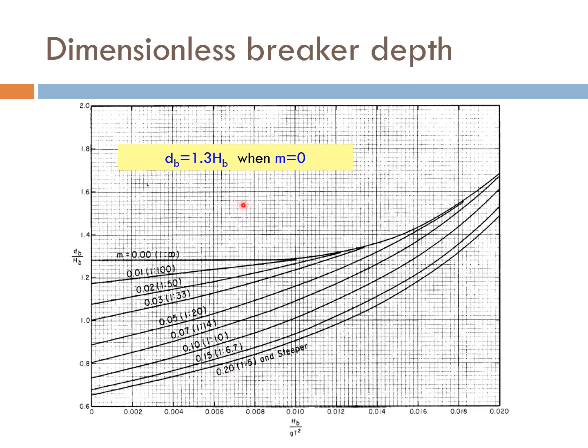The limiting condition is m equals 0, and for m equals 0, or if the beach is very flat, then the breaker depth is about 1.3 of the breaker height. db over Hb is 1.3. Over here, when m equals 0, db over Hb is 1.3 from the vertical axis.